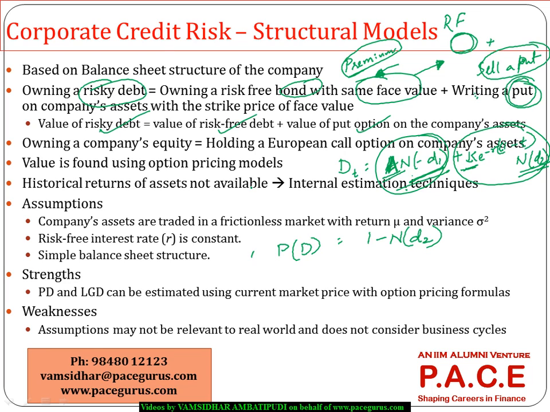But to find out N(d1) and N(d2), I require the mean return on assets and the variance of the return on assets. These two things are slightly difficult to compute, because historical returns of assets are not available. So we have to go ahead with internal estimation mechanisms, calibration techniques, to arrive at these two values.